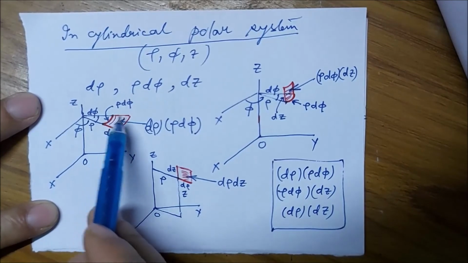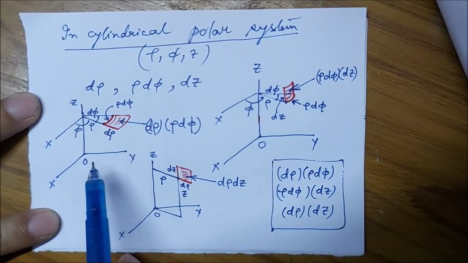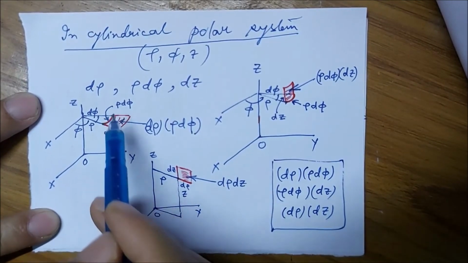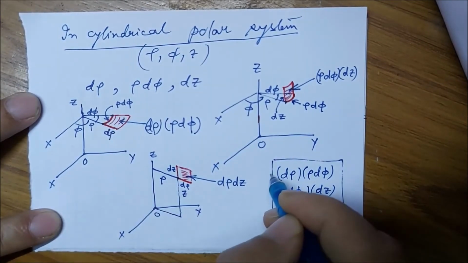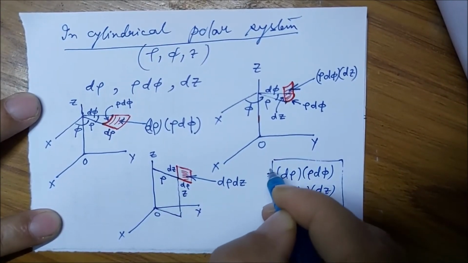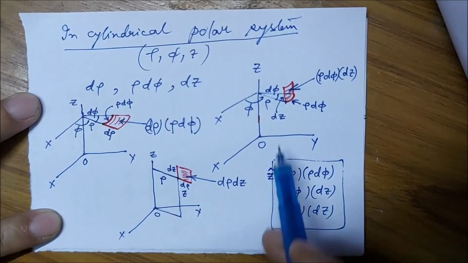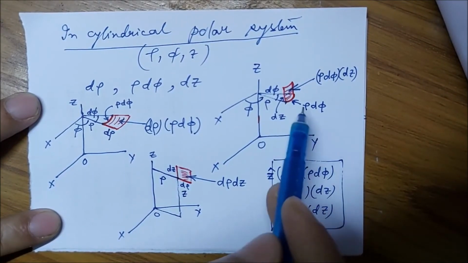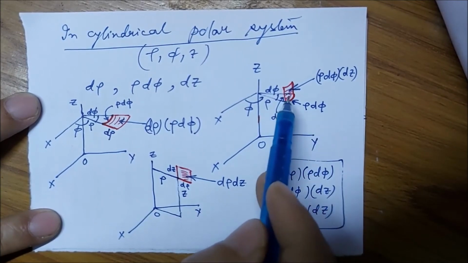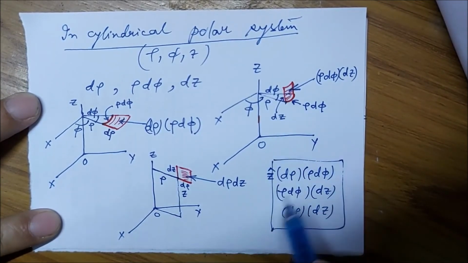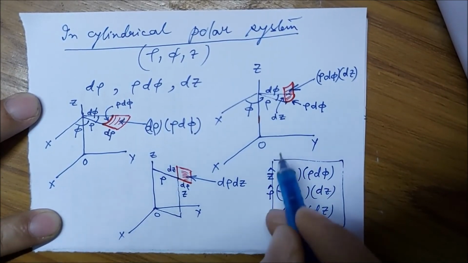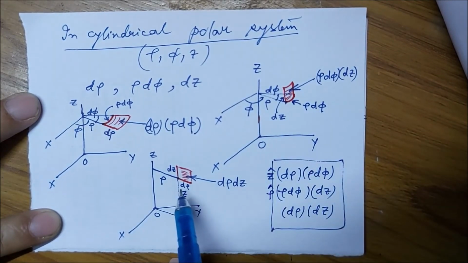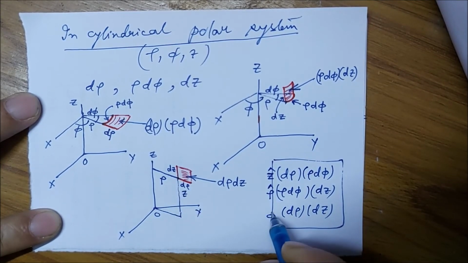This surface lies in the xy plane, so we can take z hat to be the unit vector. We can multiply this with z hat. In this case, rho cap will be a unit vector which is normal to this area. So rho cap is the unit vector in this case, and in this case it will be phi hat because phi hat is perpendicular to the surface element.